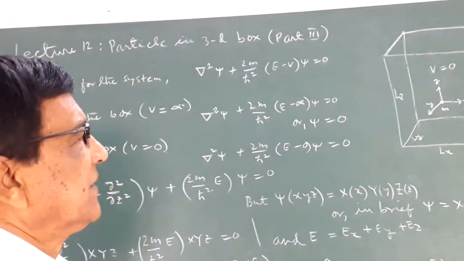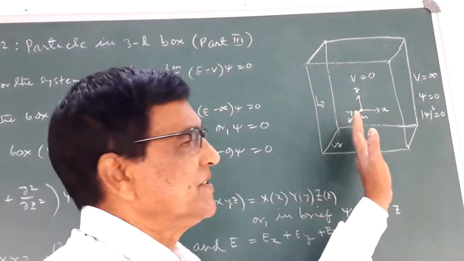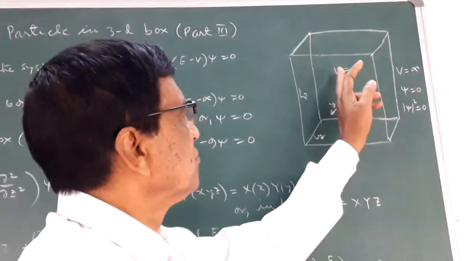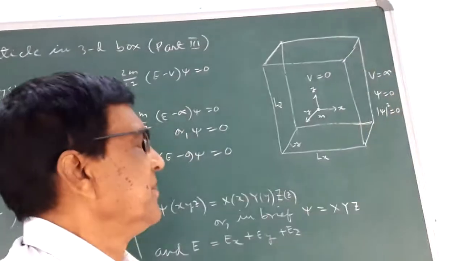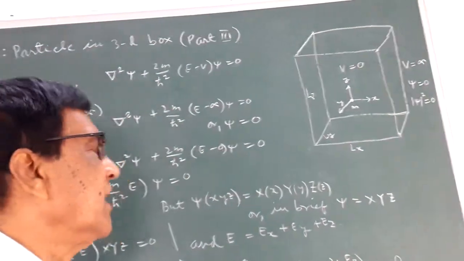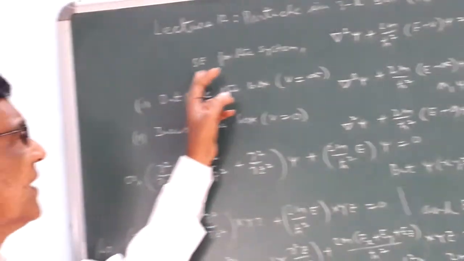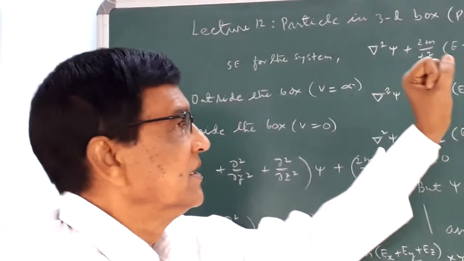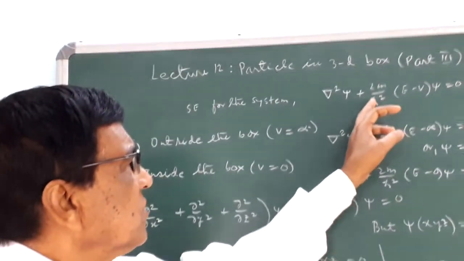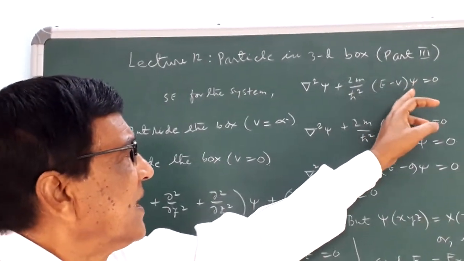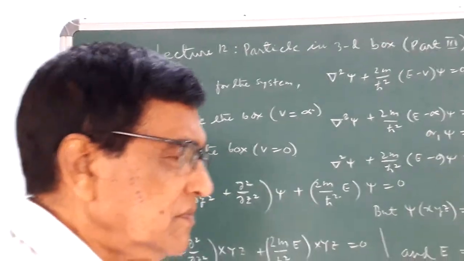The potential energy within the box is equal to 0 and outside the box equal to infinity. As we have shown earlier, the Schrödinger equation for the system is del squared psi plus 2m over h cross squared (E minus V) psi equal to 0.